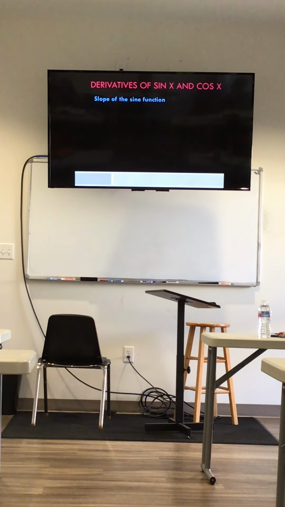Where does the cosine function hit the x-axis at that exact same location? It hits at 0. So the slope for the sine function was 0, and the cosine function actually has a value of 0 at that exact same angle in our picture. Okay, everyone see what I'm trying to refer to so far? We're going to see if we can make a connection with this in just a second.